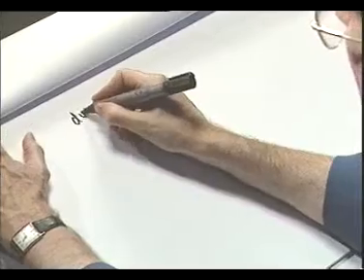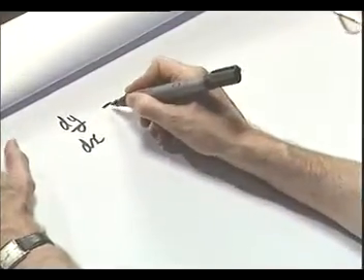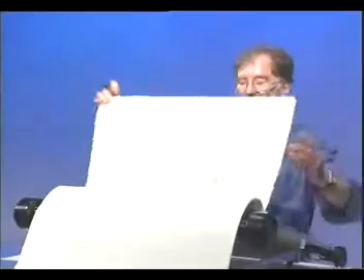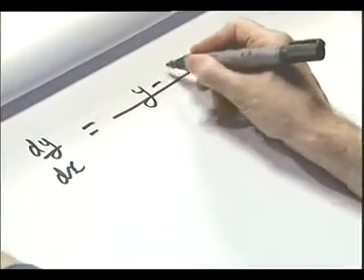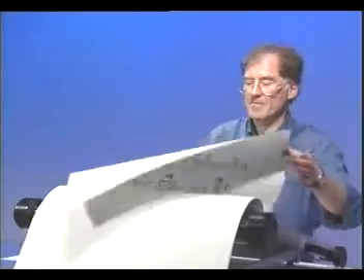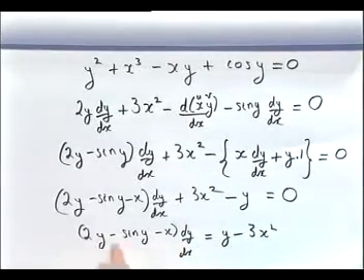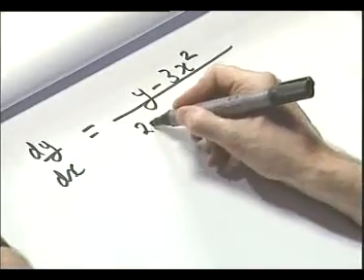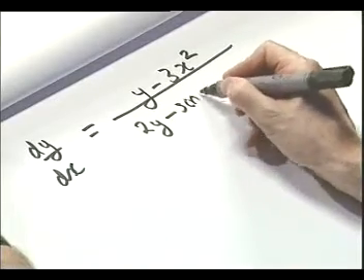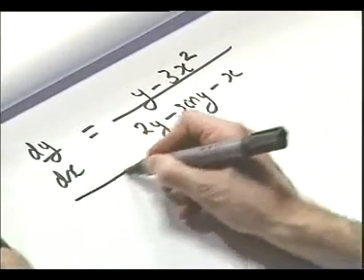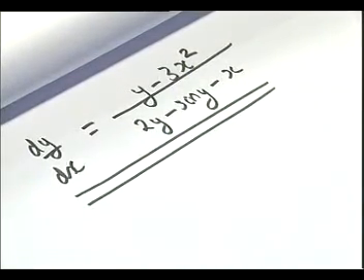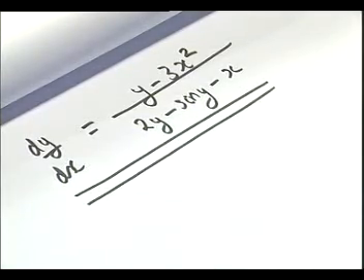So we'd get dy by dx is equal to, just go back, we've got y minus 3x squared to go in the numerator on the top, and this factor to go on the bottom in the denominator. 2y minus sine y minus x. And there we have our derivative. Let's just take one more example.